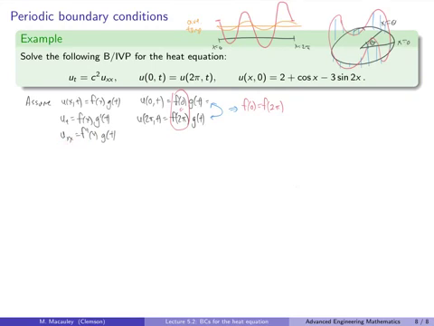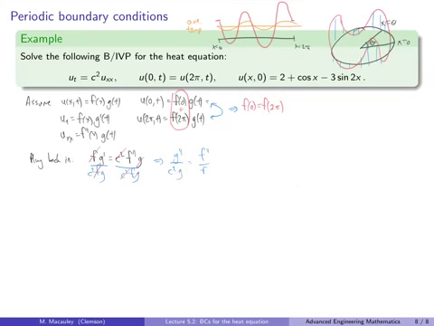Okay, let's plug these back into the PDE. So ut is f times g prime equals c squared times uxx, which is f double prime g. So as before, we're going to divide by c squared f g. And as before, the f's cancel on one side, and the g's and the c's cancel on the other side, and we get g double prime divided by c squared g equals f double prime over f.